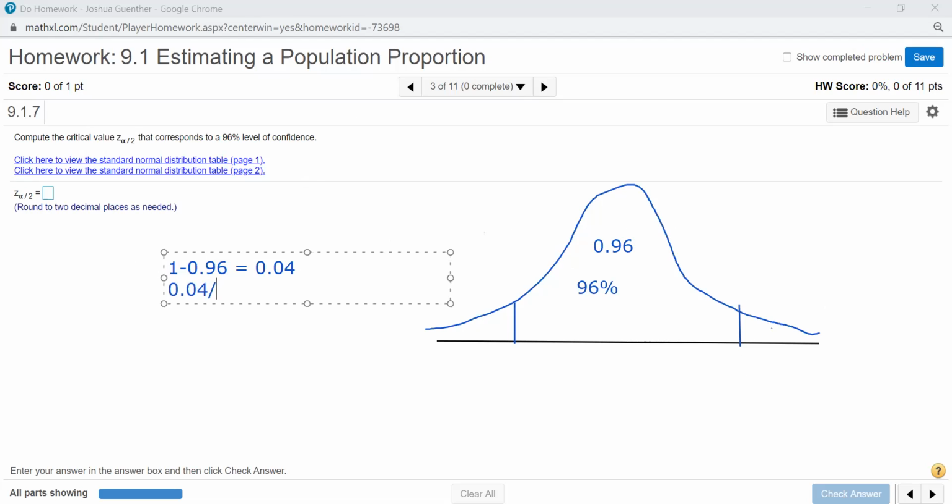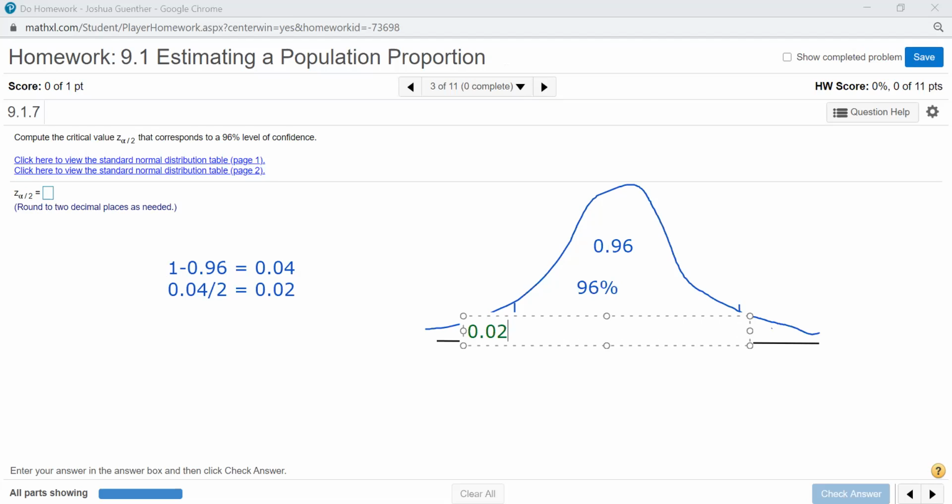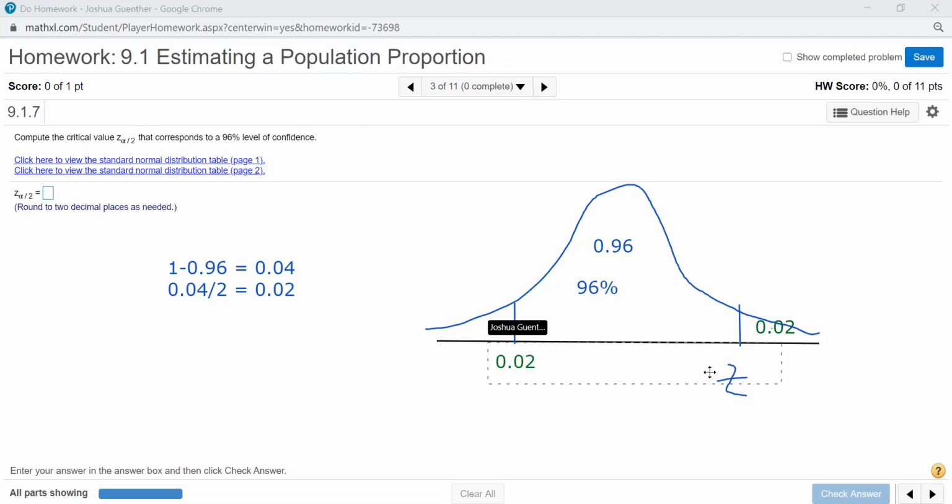We divide that in two to figure out how much will fall into each tail, and that's going to be 0.02. So 0.02 down there, 0.02 up here. Whatever this z-score is, this is our target z-score.